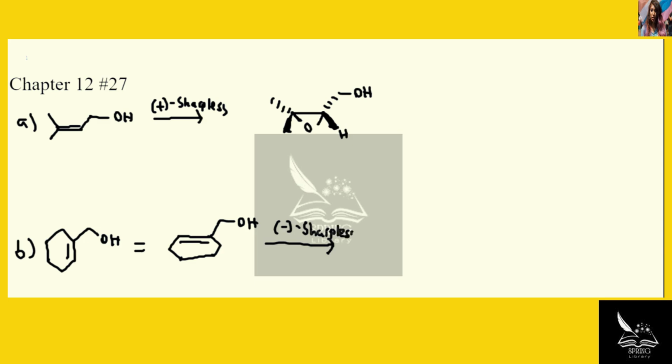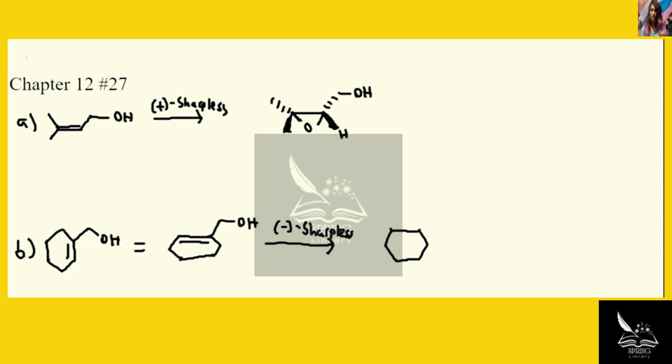The minus tartrate reagent. But rather than redraw all those conditions, I'm just putting plus Sharpless or minus Sharpless. With the minus version, the oxygen comes from above. Here's our ring, set into the plane there.